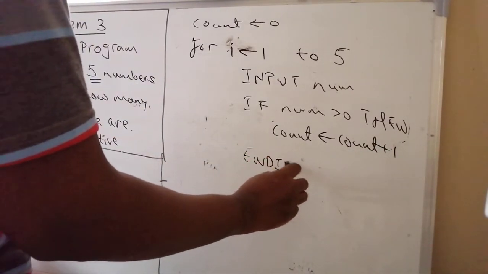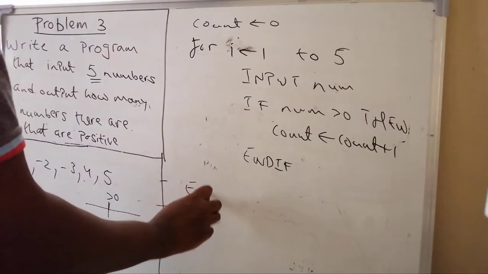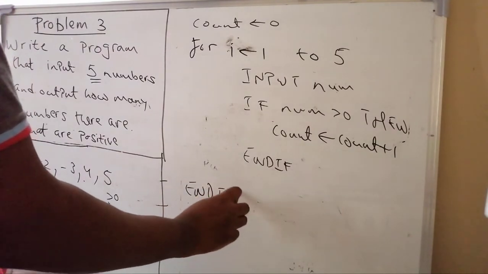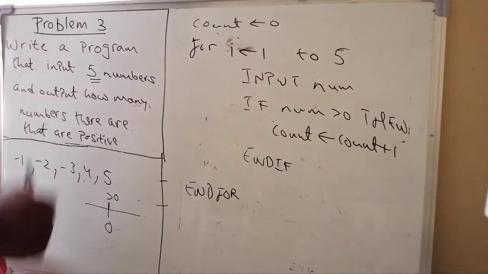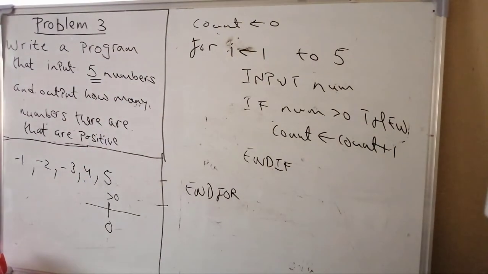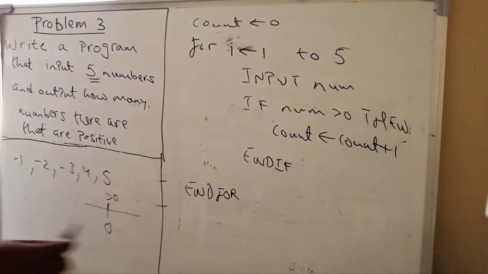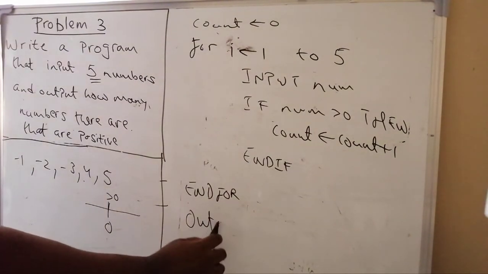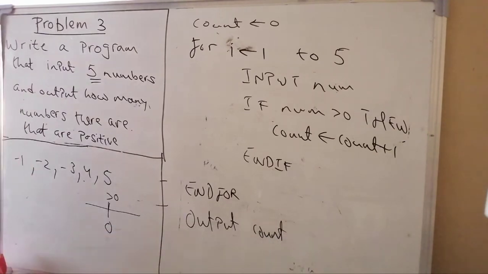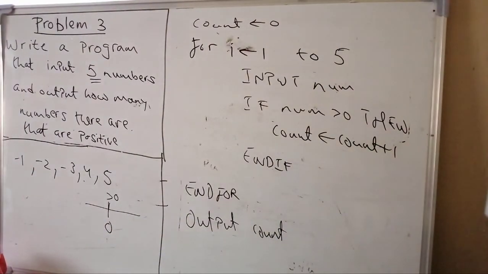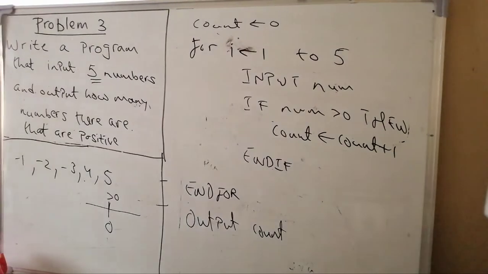We do an endif, and then we do an endfor. Now, if you observe here, all count initialization to 0 happens outside the for loop, and the output of the program is given outside the for loop. This is very important because when you identify errors in a given algorithm, you need to observe these, okay?